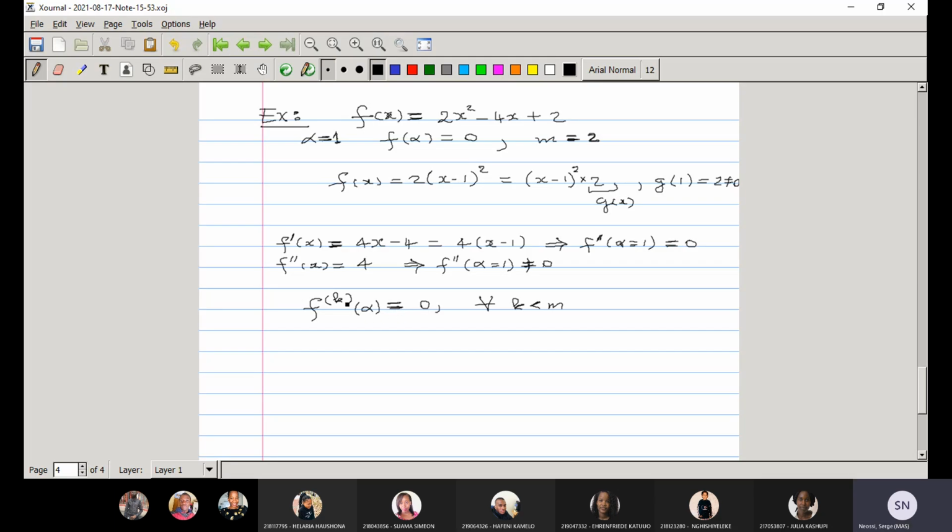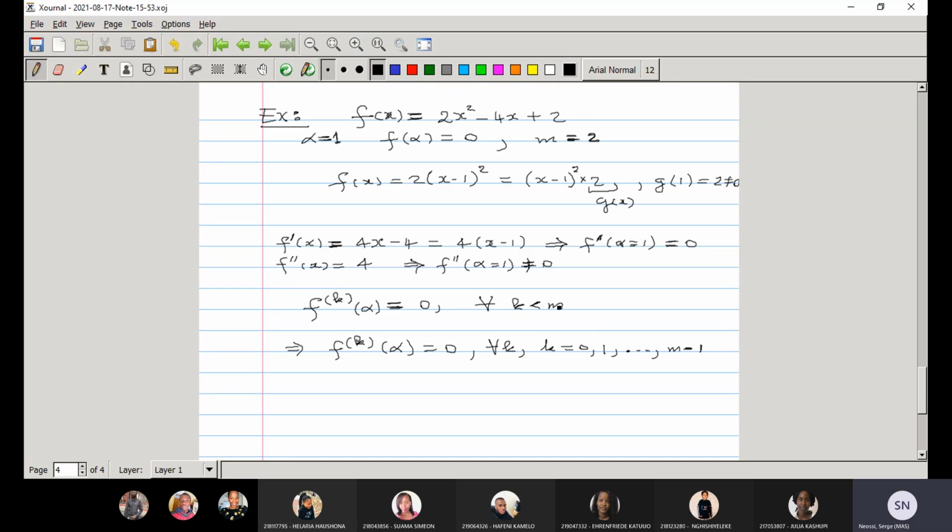So recall that if I differentiate, this also means that the k-th derivative at alpha is equal to 0 for k taking the values 0, 1, up to m minus 1.